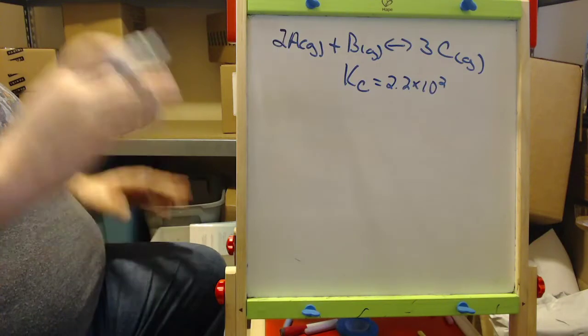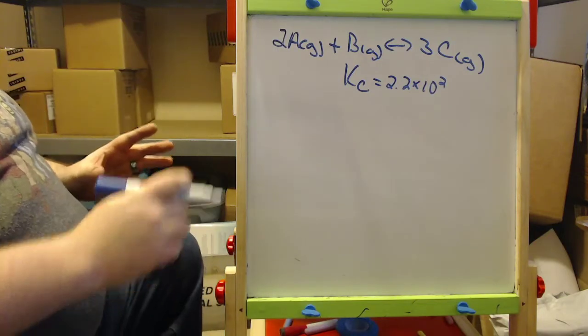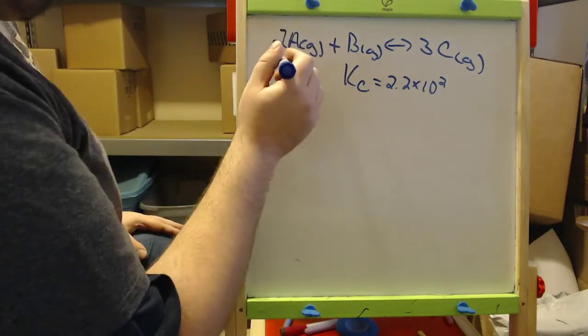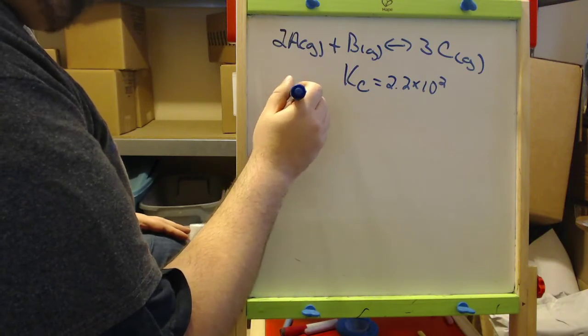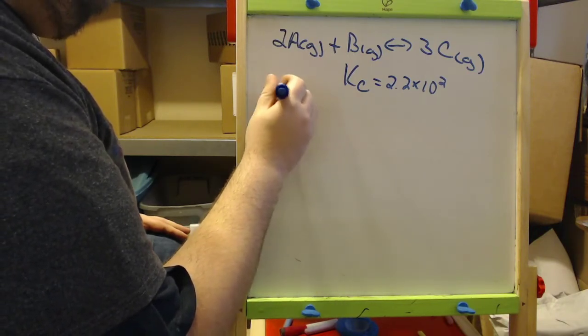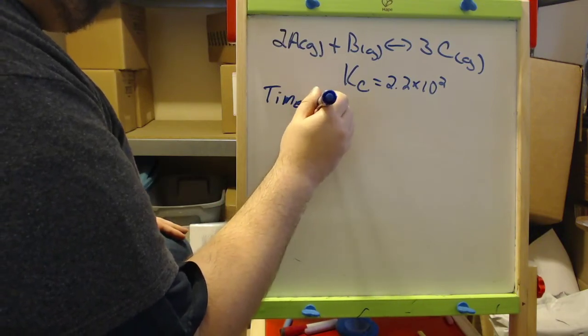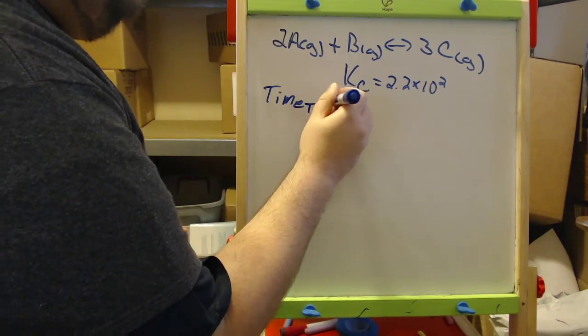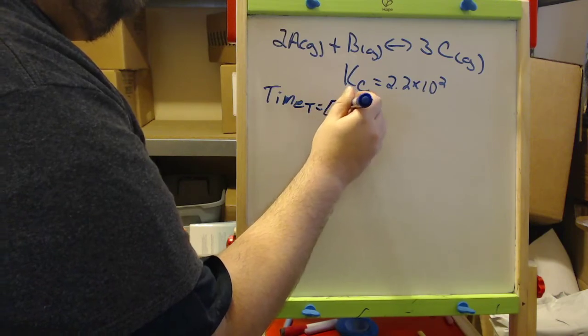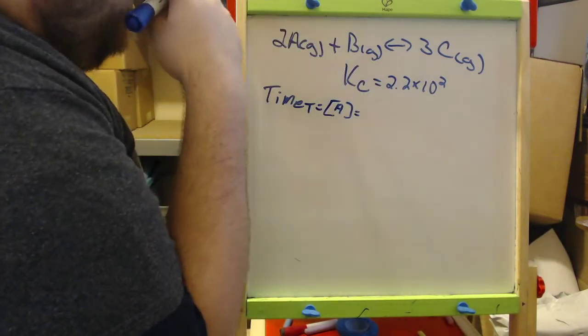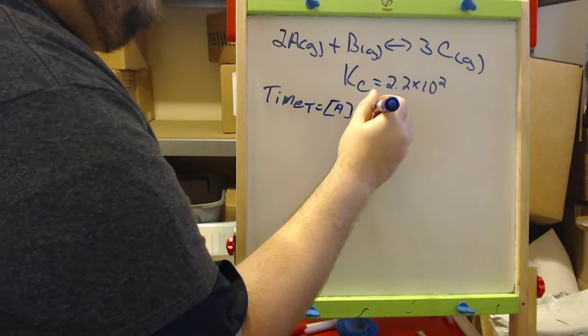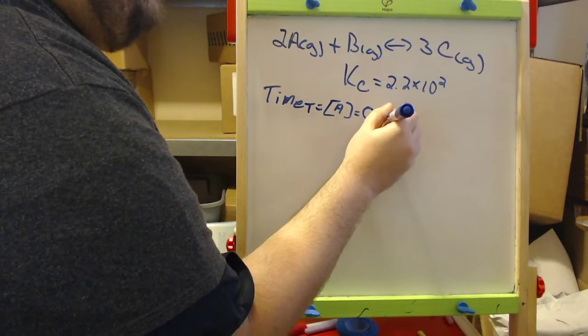And I said to you, when we measure the concentration at some point in time, we'll say at time t, the concentration of A is equal to 0.852.